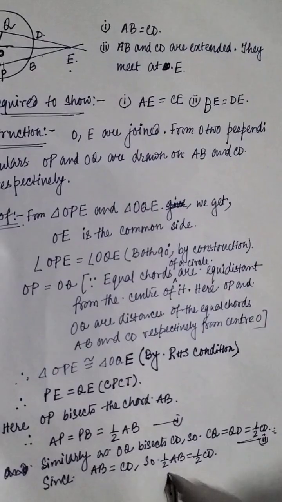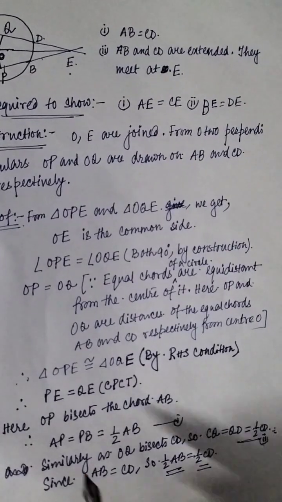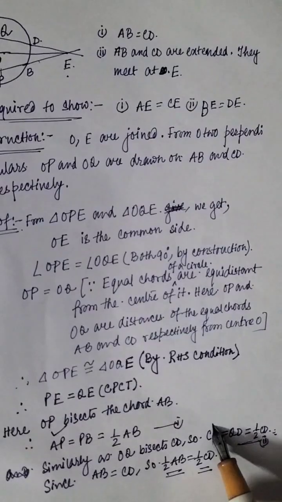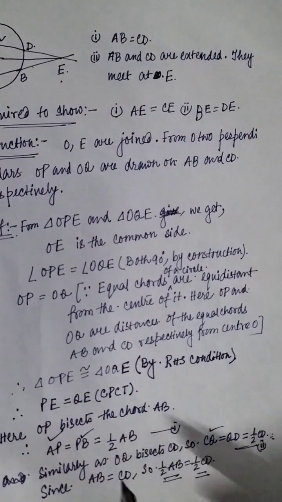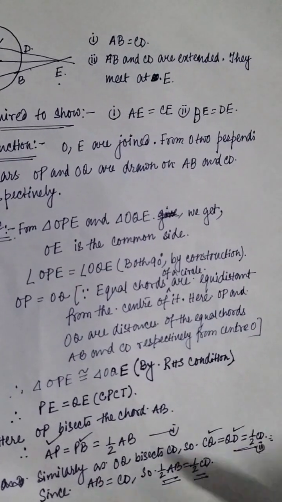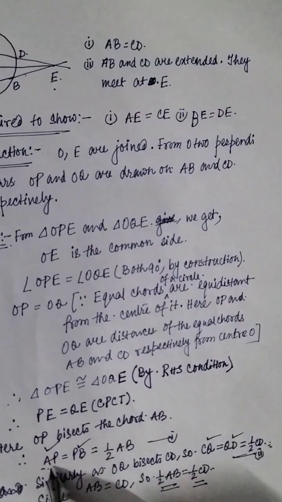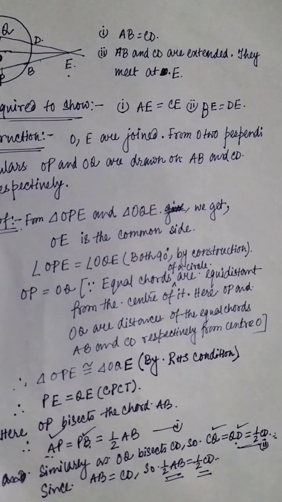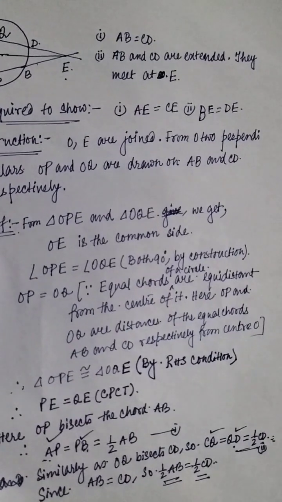From this we get half of AB equals half of CD. So this AP portion equals CQ portion, as well as PB portion equals QD portion. Means all these four portions AP, PB, CQ, QD are all equal in measurement. So we shall use this equality to prove the statement.